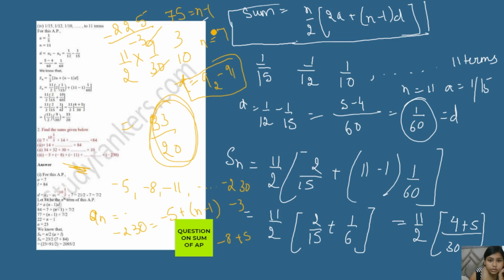Now just apply the sum formula, in which sum equals 76 by 2. A is minus 5 plus the last term, minus 230. So it is minus 230 plus minus 5, that is minus 235, and you will cancel it, 2 3s are 6 and 2 19s are 38, into minus 235 will be your answer.